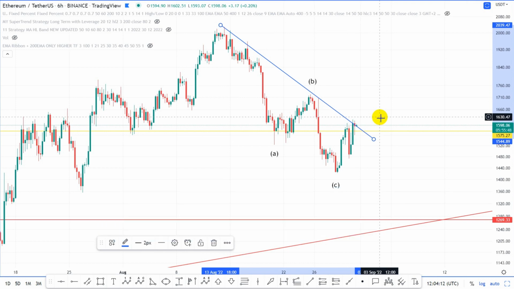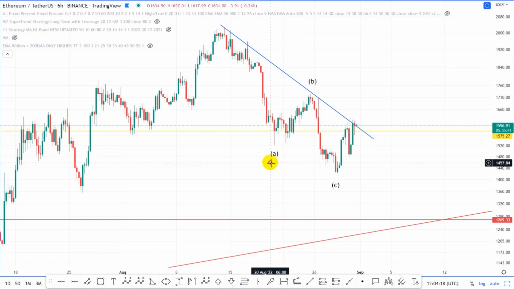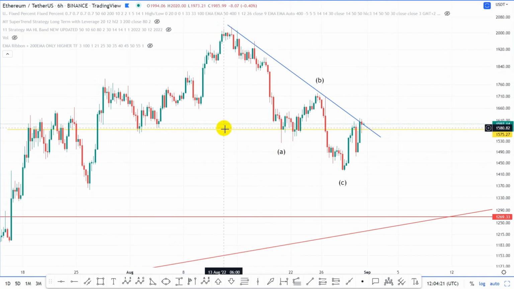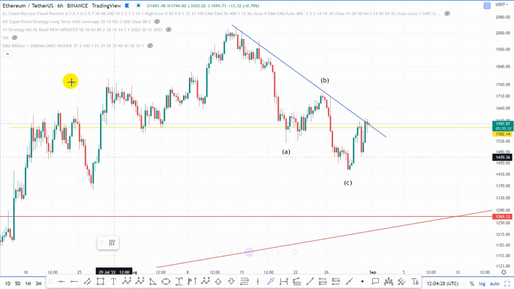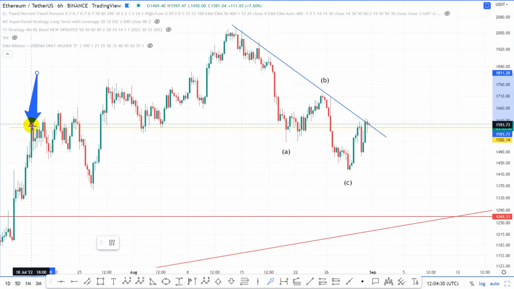And now the next one, what you can see, I already have this line drawn here for you, and this is a very, very powerful line. Why? I'm going to show you in a minute, because here, if you look at it, you may see how many touch points it had. Over here, twice it was rejected, then twice it was rejected here again, so that's 4 times being rejected.